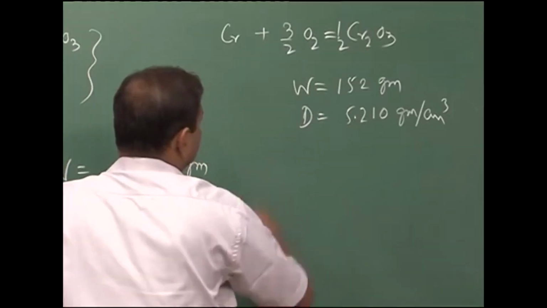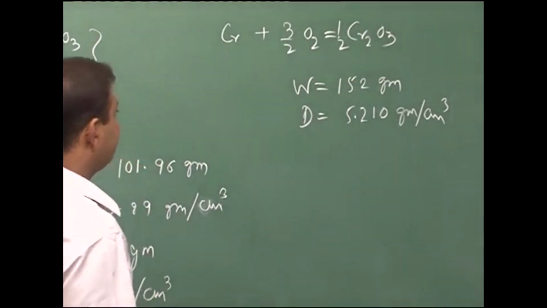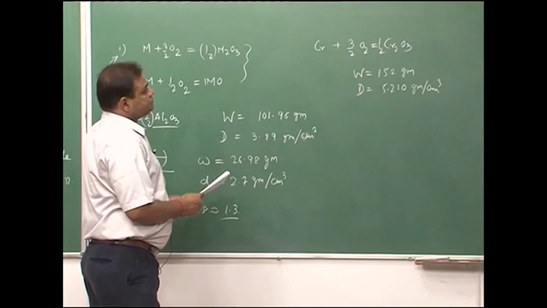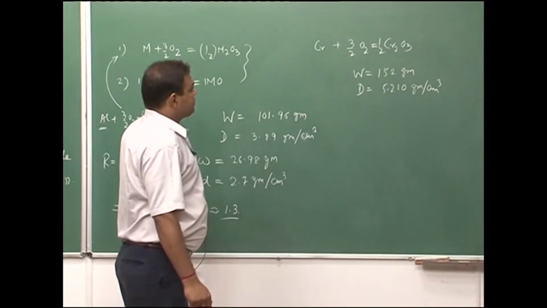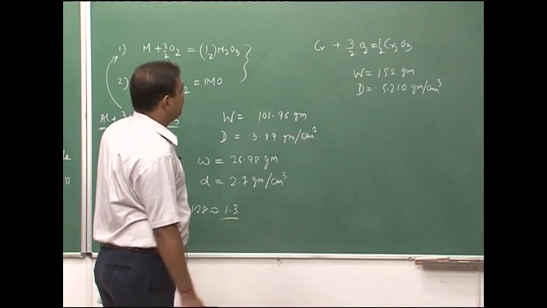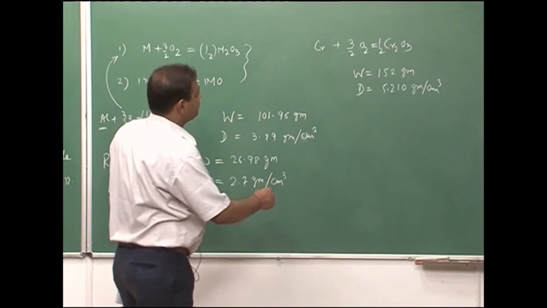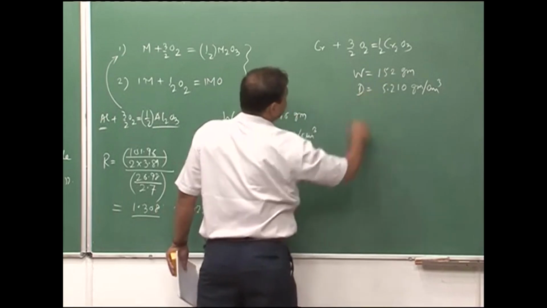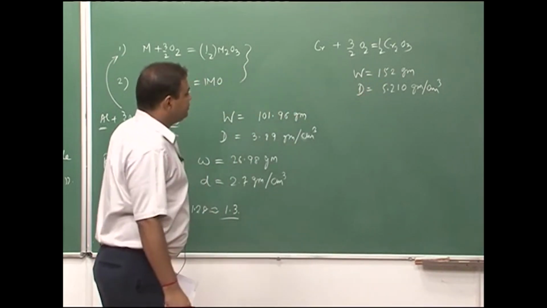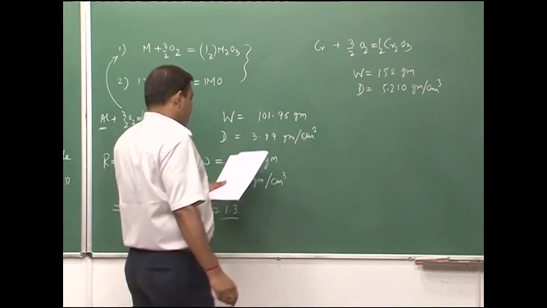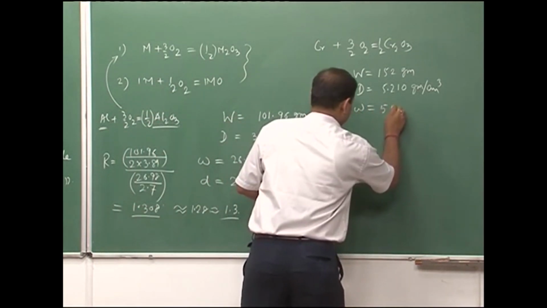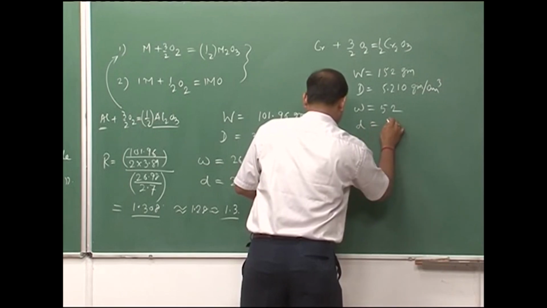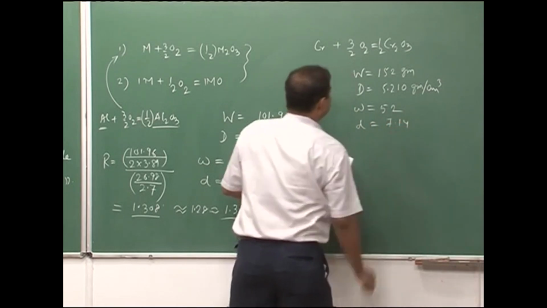This density can also be found out by simply considering the density of chromium and oxygen and then taking the atomic ratio in which they are mixed, and this value would be close to this. Then small w would be 52 and small d is 7.14.